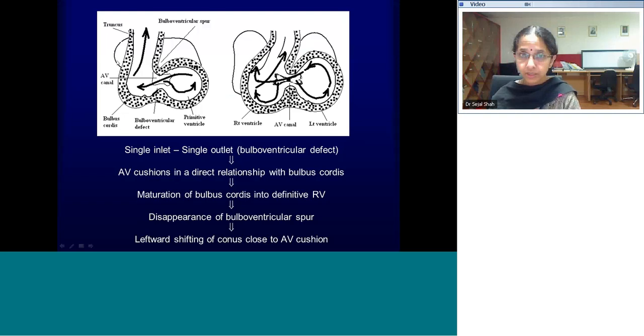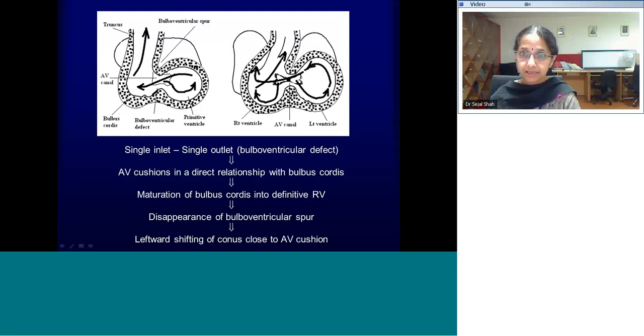So initially we know that the truncus cordis goes with the bulbus cordis. So these are connected and this whole truncus after that shifts to the left. So there are 2 important things happening at this stage: disappearance of the bulboventricular spur, maturation of the bulbus cordis, and also a leftward shift of the conotruncus.